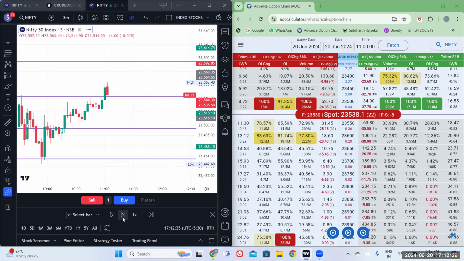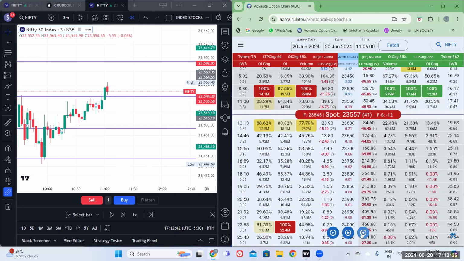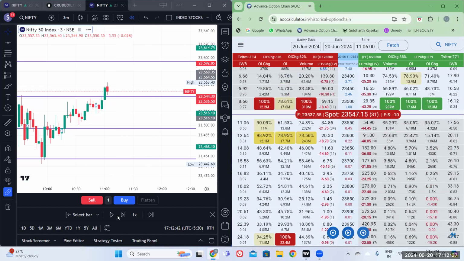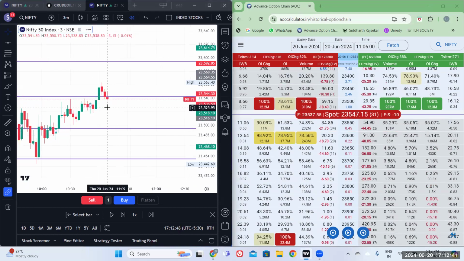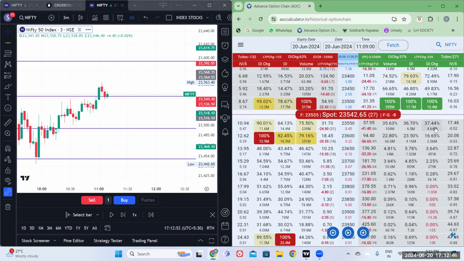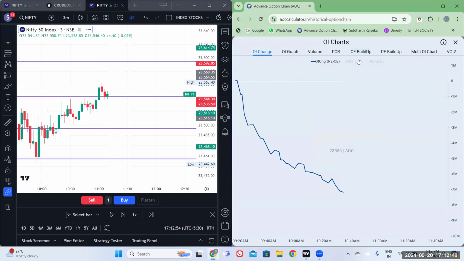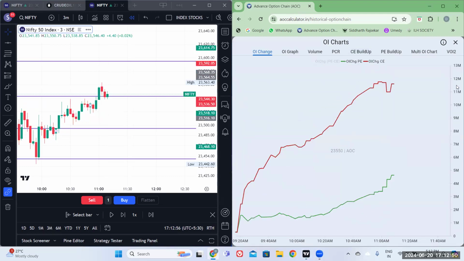Now what happened next? It retraced back, so my entry was done here. I continued with the trade, and the trade came down, and as it came down it was on the line 1109. I was always checking my OI change.